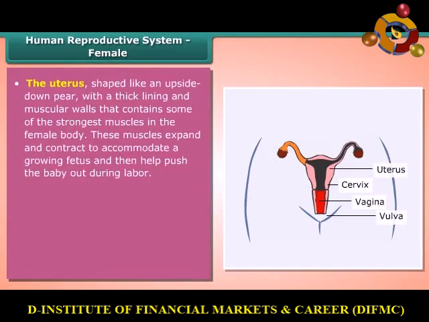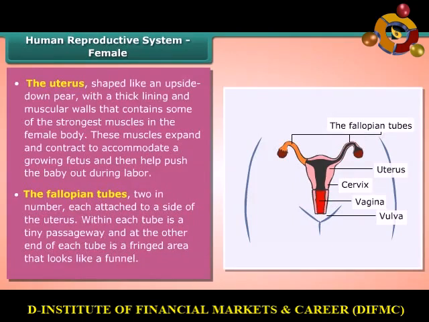The uterus, shaped like an upside-down pear, with a thick lining and muscular walls that contain some of the strongest muscles in the female body. These muscles expand and contract to accommodate a growing fetus and then help push the baby out during labor. The fallopian tubes, two in number, each attached to a side of the uterus.